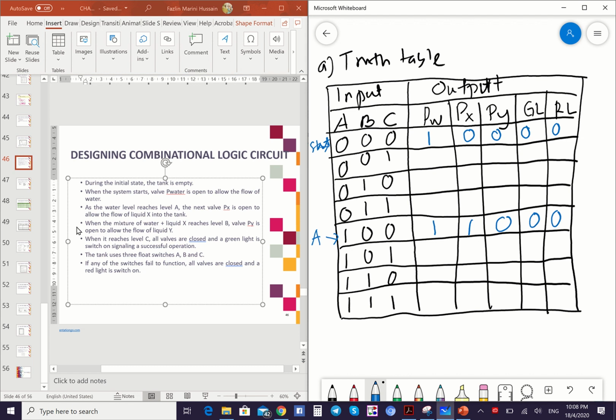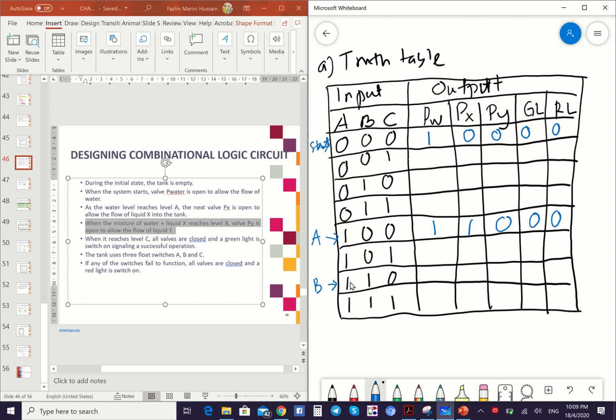Next, when the mixture of water and liquid X reaches level B, valve Py is opened. Which combination shows the water and liquid X reach level B? This combination shows level B, because here A is 1 and B is also 1.